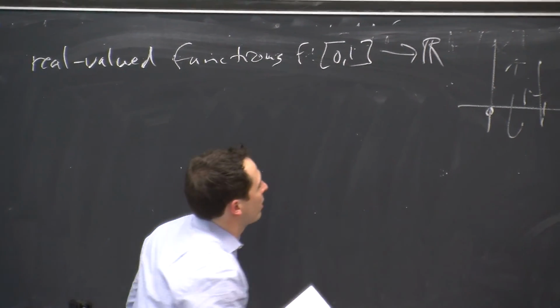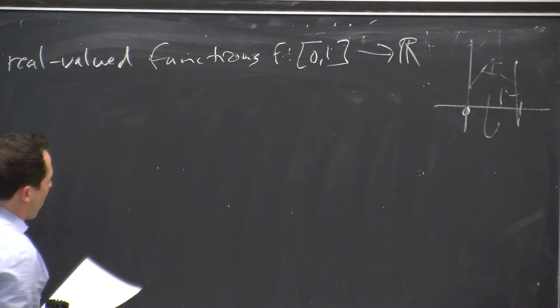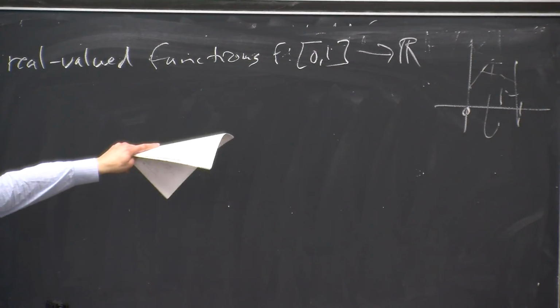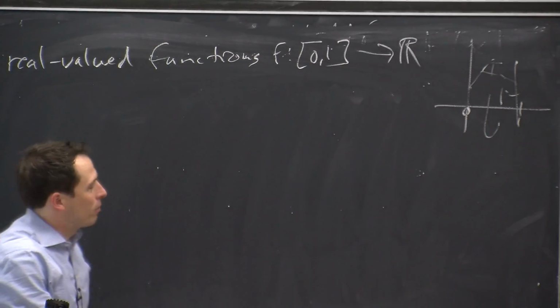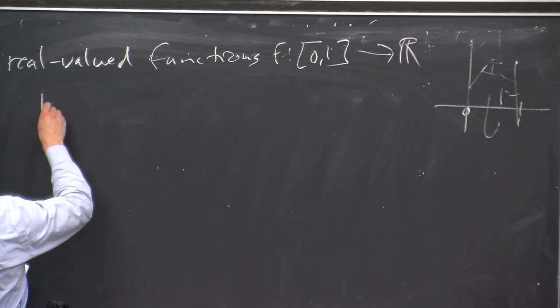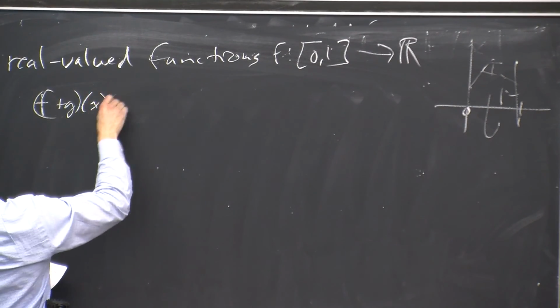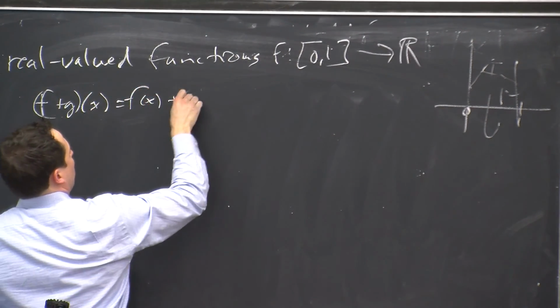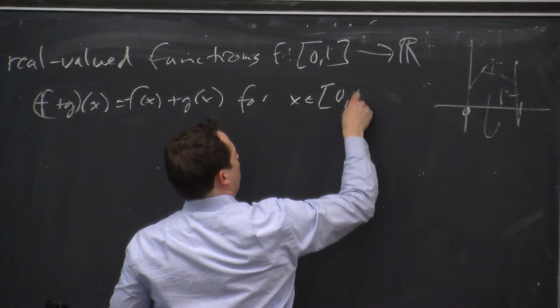It doesn't have to have any special things, but it has to be defined at each point. And we figured out how to add and scalar multiply in that by just adding and scalar multiplying pointwise. We defined f plus g by defining its value at x to be f of x plus g of x, for x in the interval [0,1].